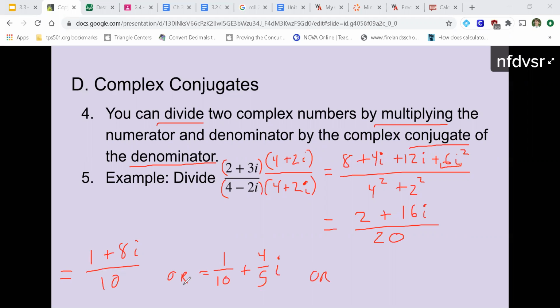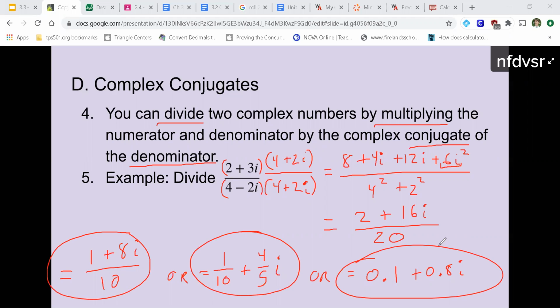Or if you don't like fractions, I would accept 0.1 plus 0.8i. And actually, in this case, WebAssign will accept that too, because that's an exact decimal, right? I'd have to round to get that. It's exactly 0.1 and exactly 0.8. So I believe if you type any of these 3 into WebAssign as your answer, it'll count it correct.